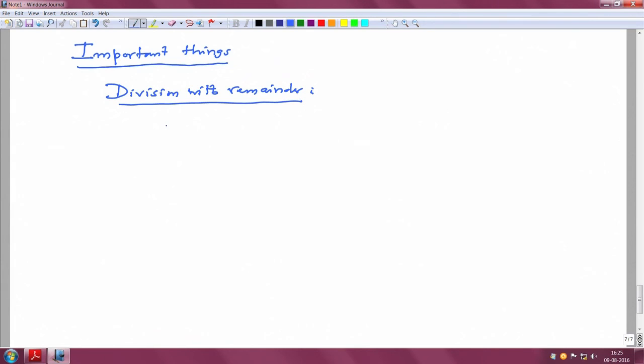So, if I have two polynomials f and g with coefficients in the field k, the field k is very important here, and if g is a non-zero polynomial, then I can divide f by g and write quotient and remainder. So there exist polynomials q and r with coefficients in the field.